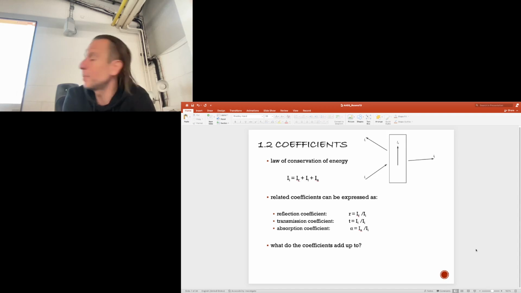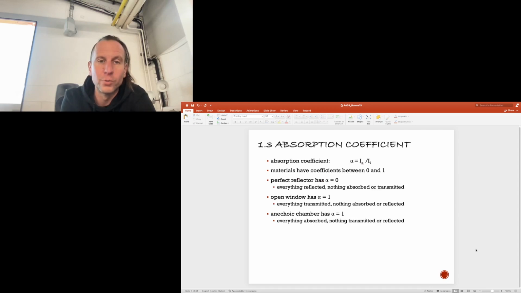So here's a bit about coefficients, because each of these paths is represented by a coefficient. I won't bore you much with how they relate to each other. Nevertheless, absorption coefficient is quite crucial to understand, because you might be finding data sheets with absorption coefficients. In fact, our basic reverb time calculations ask for absorption coefficients.